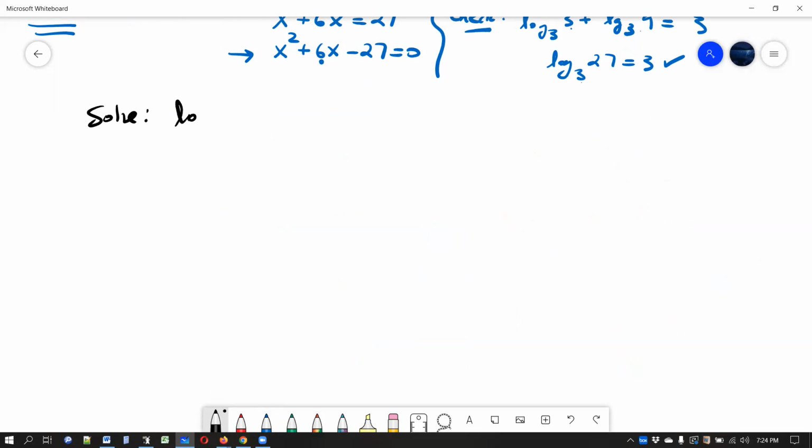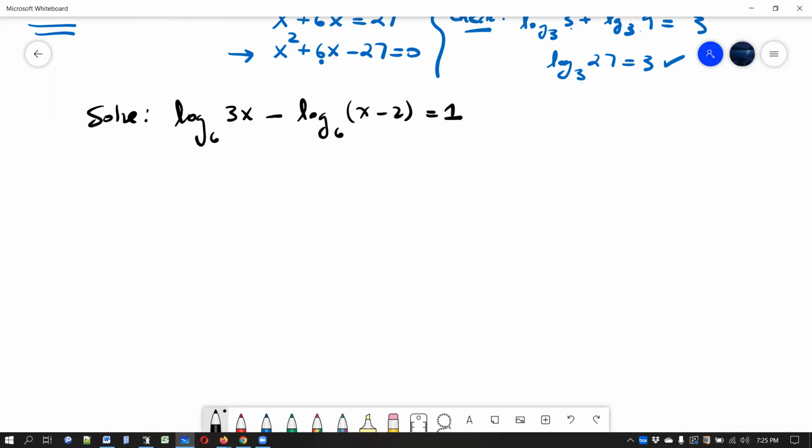So log base 6 of 3x minus log base 6 of x minus 2 equals 1. Hopefully I copied this correctly. This is problem 2821.